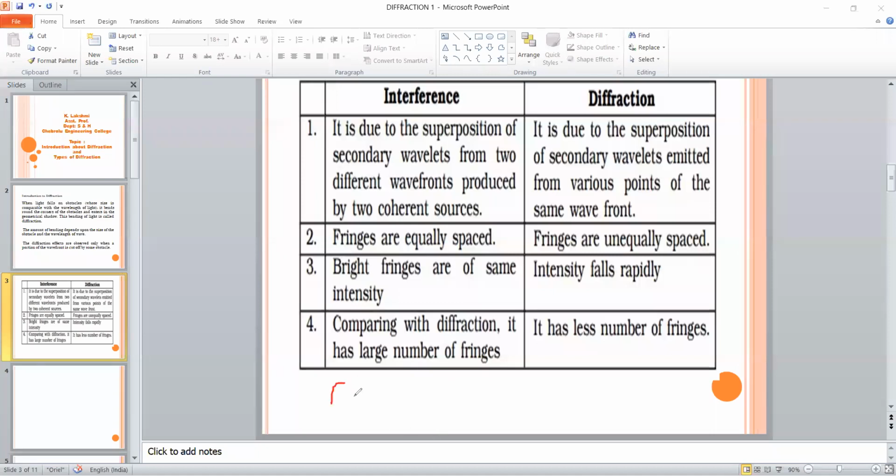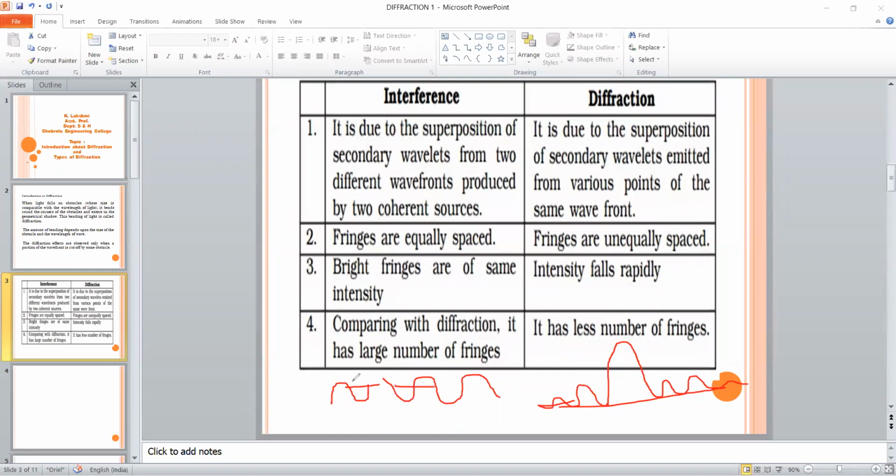So this is the picture for interference and this is the picture for diffraction. Here the fringes are equally spaced, but here the fringes are unequally spaced.